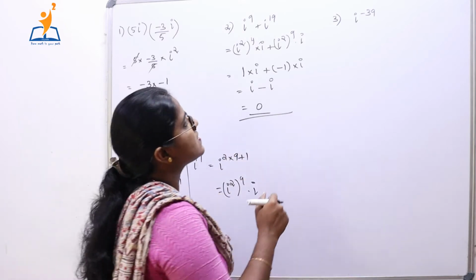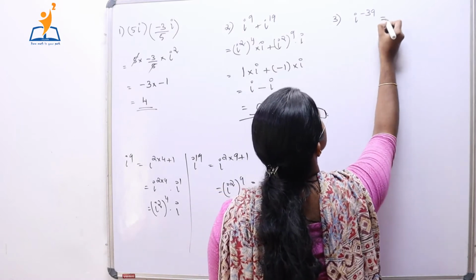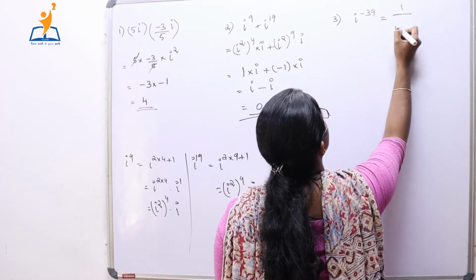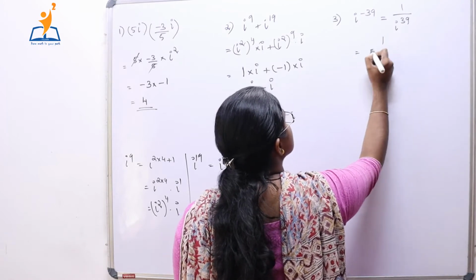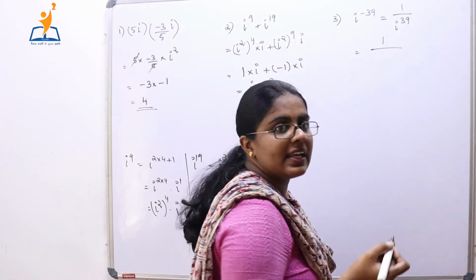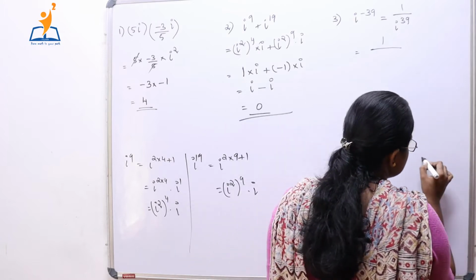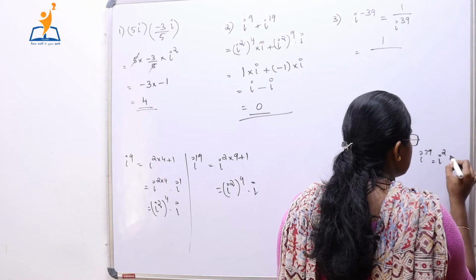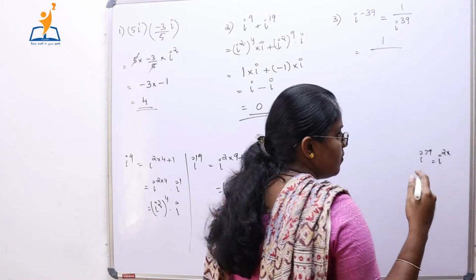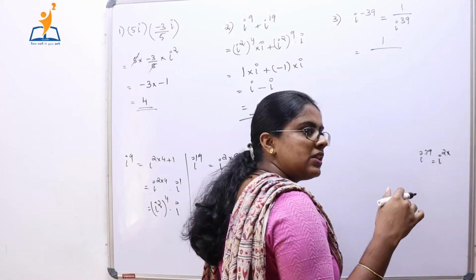Moving on to the next question, we have i raised to minus 39 is equal to 1 by i raised to 39, which can be written as i square, i raised to 2 into what is 38 by 2?